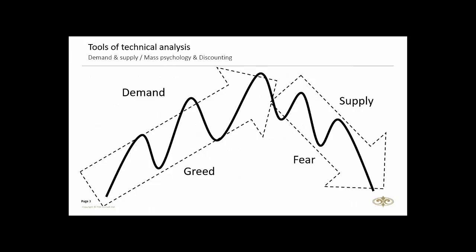The difference is that not all market participants get all the news at the same time. Okay. So the sum of the attitude of all market players or potential market players is reflected in one thing and one thing only, the share price. This discounting mechanism I mentioned is the reason that the markets bottom when the news is bad and peak when the news is good.